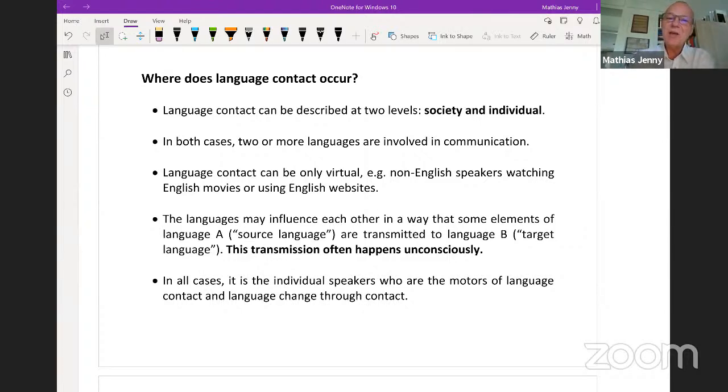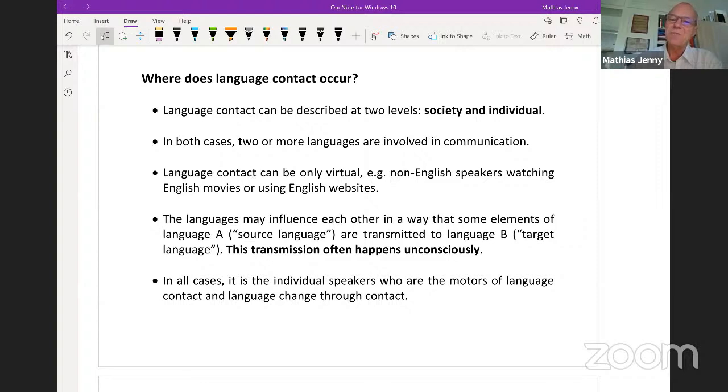What happens very often when language contact occurs is that the languages influence each other. As you have seen, this borrowing, pattern borrowing from a source language, some elements, these can be words or can be just structures, ways of putting words together.